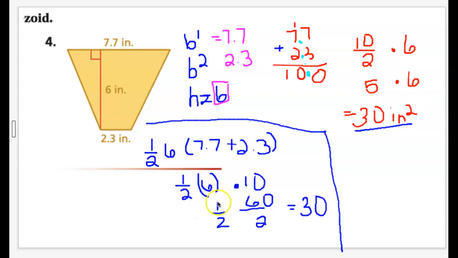Then we're going to take the fraction 1/2 and multiply that by 60 over 1, which is going to give us 60 times 1 is 60, and 2 times 1 is 2, which gives us the division problem, 60 divided by 2, and the answer is the same, 30 inches squared.